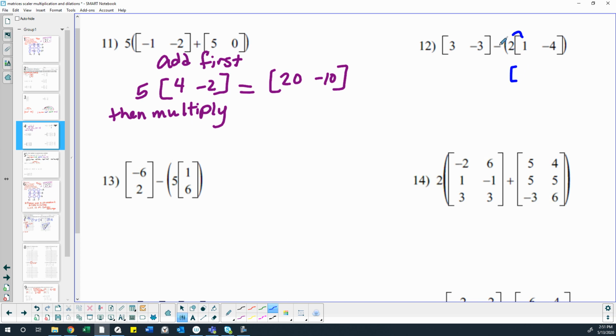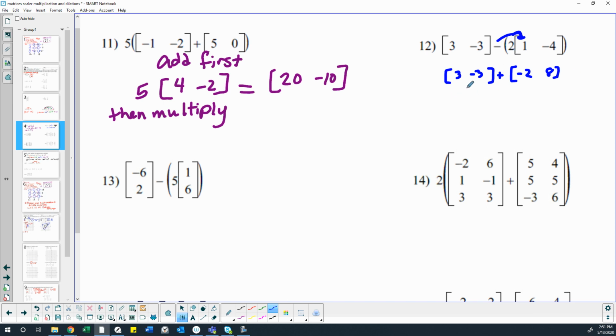Oh, you know what? On this one, I want to take the negative with it. That would be better if I do the negative, because then all I'll have to do later is add, which maybe is a little easier. You don't have to do it that way. It's just an idea. So if I go negative 2 times 1, then I have negative 2. And then if I do negative 2 times negative 4, I have positive 8. That way, instead of subtracting, I can just add, which is usually a little bit easier, especially if you're subtracting negatives.